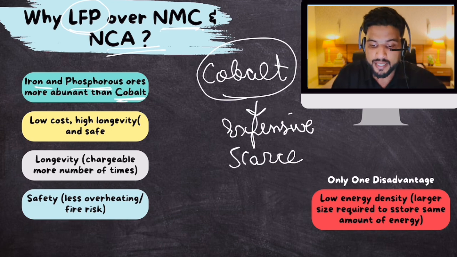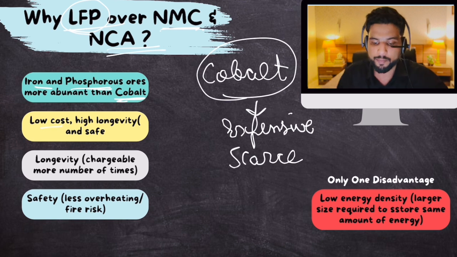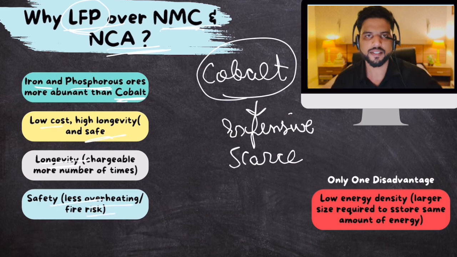Plus, lithium iron phosphate batteries are low cost. They have high longevity, they can sustain for longer periods of time, and they're also safe. They don't overheat, whereas NMC and NCA batteries overheat. Their longevity is high, but safety is less, with overheating and fire risk.